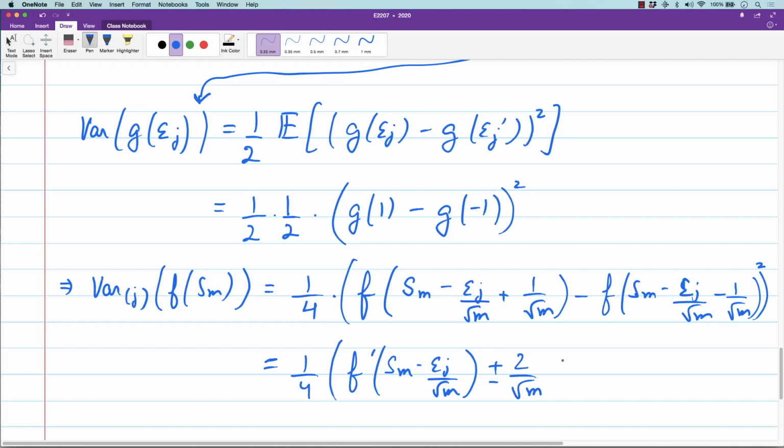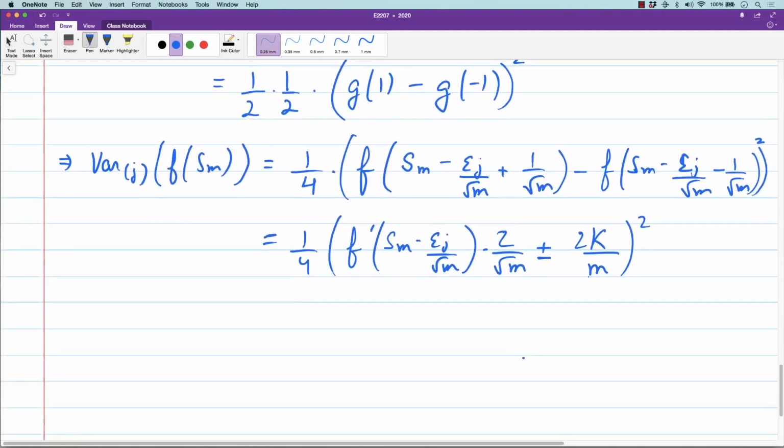I'm just doing a Taylor series approximation, so this is all rough, plus minus something. The second derivative is bounded by k, and the change again is 1 by m, so something like 2 by m or 4 by m. This may be wrong; by plus minus I mean it's somewhere in this interval.